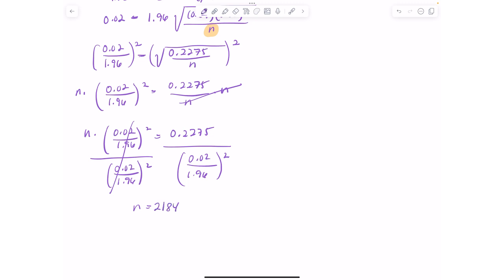In other words, their sample size, they need to have at least 2,185 people in their sample if they want to be 95% confident with a margin of error of no more than 2%.